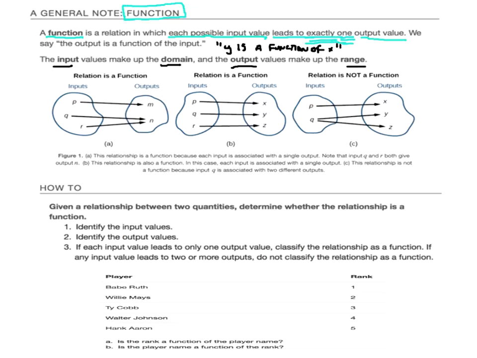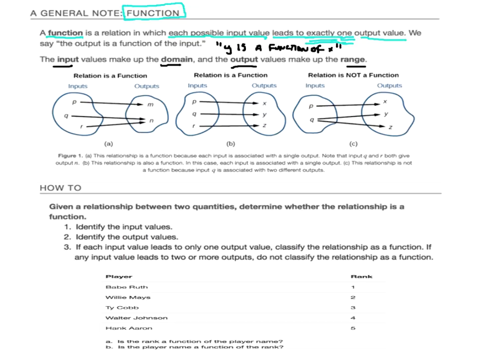This A diagram. So I've got P sending to M, I have Q sending to N, and I have R sending to N. Nowhere from my inputs did I send any one of my inputs to more than one output.